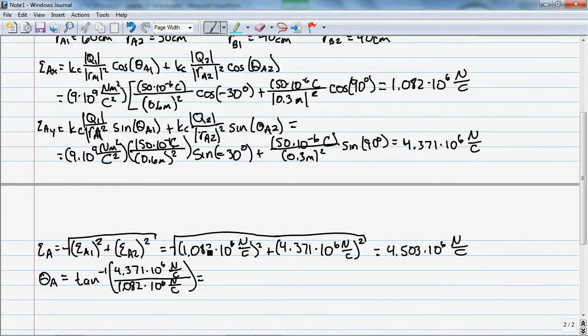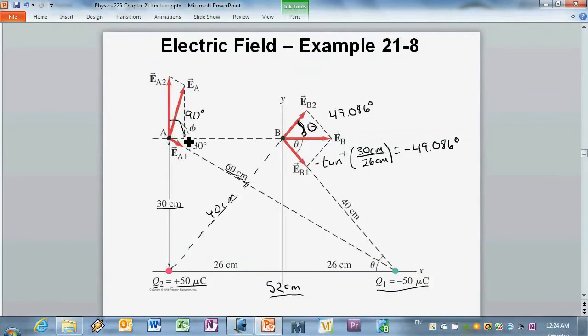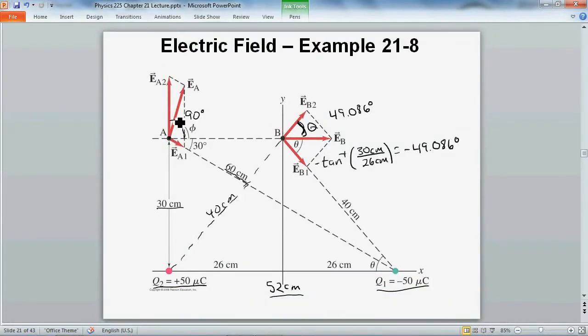And that equals 76.102 degrees. So there's my magnitude and angle. And if I look at the drawing, you can see that this is about 76 degrees at this angle right here.